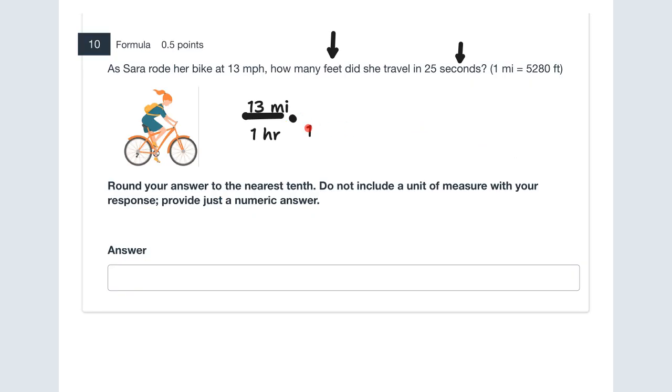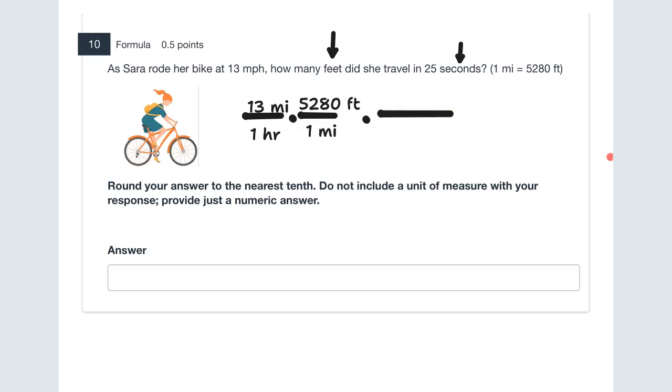1 mile in the bottom here is equal to 5280 feet in the top. I'm also going to multiply by another fraction.